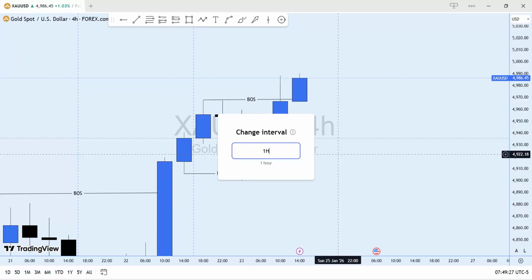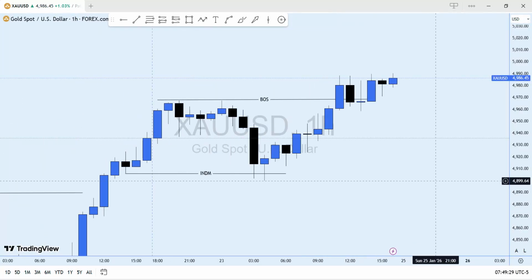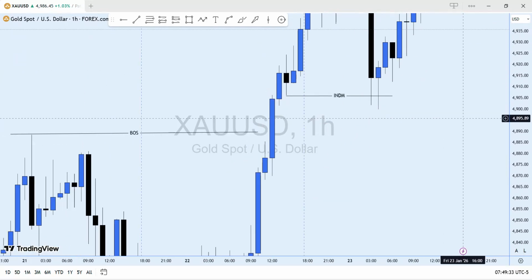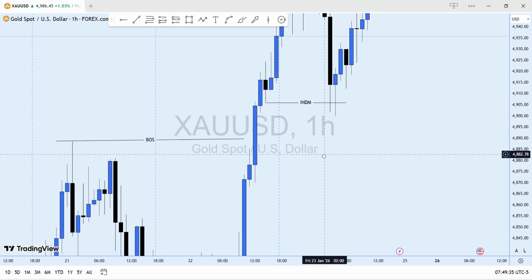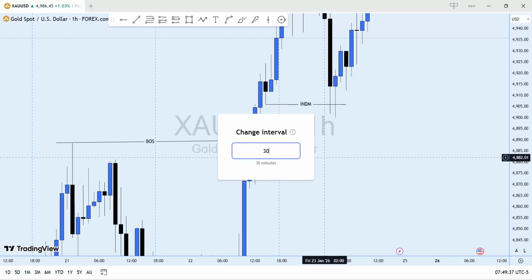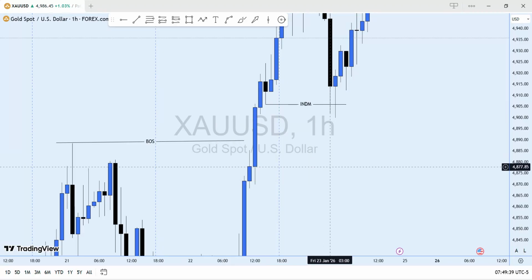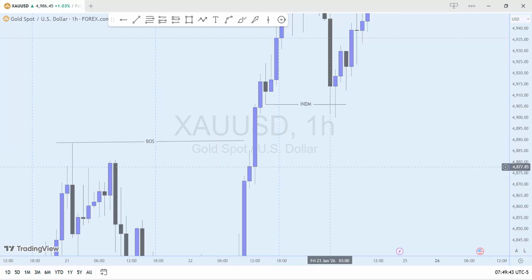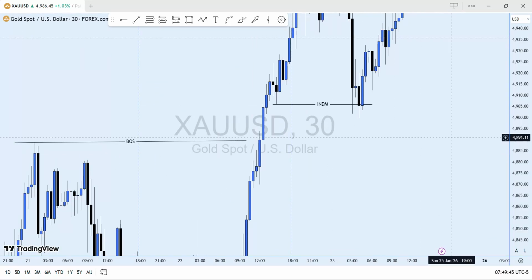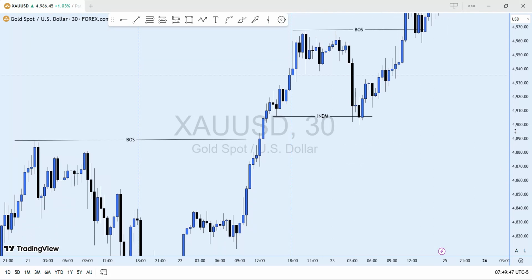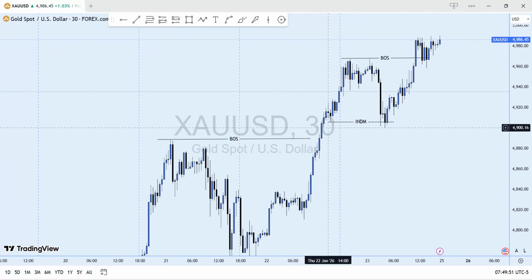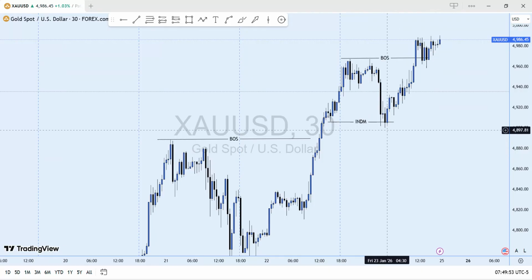Let's drop down to the 1 hour time frame. All right, as we know, this is the structure which we will be looking out for. So let's drop to 30 minutes. I think the point of interest that this market made was not in 30 minutes.